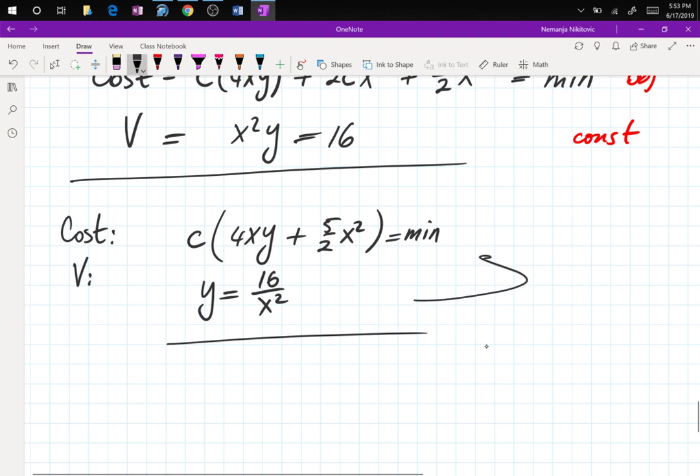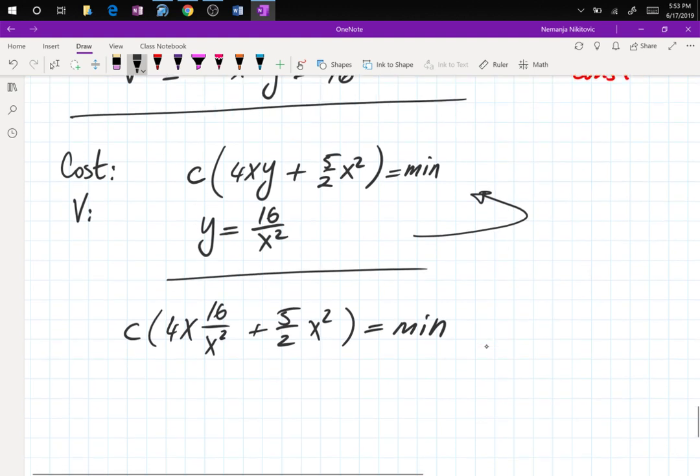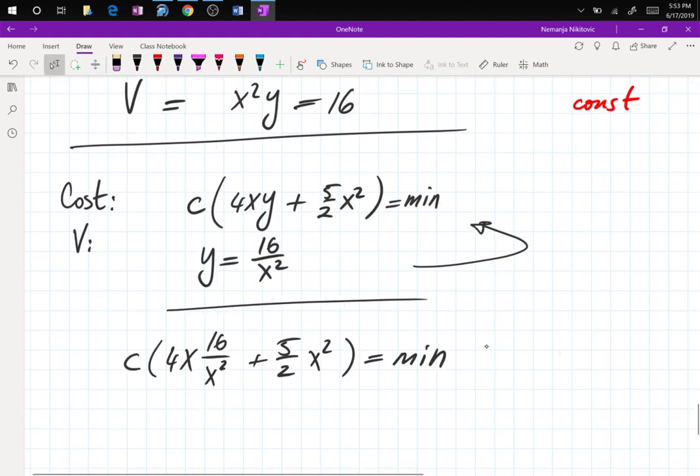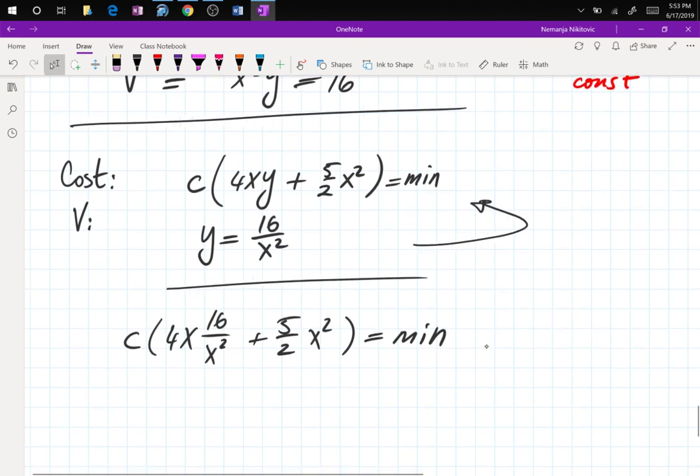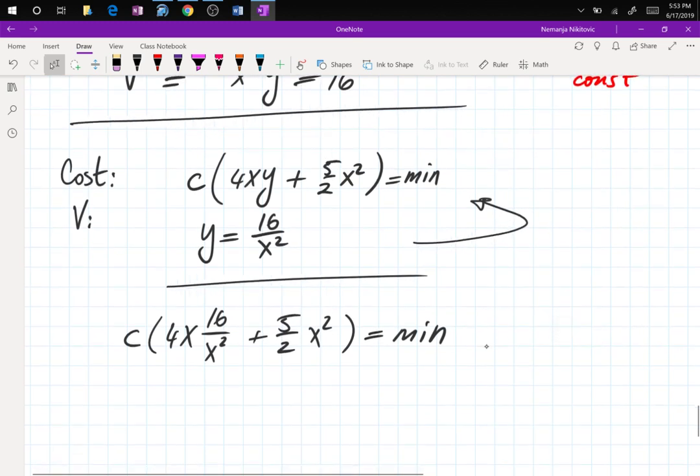All right, so now we plug this in, we get C times 4x times 16 over x squared plus 5/2 x squared. Now we substitute y from the volume equation, which is our constraint. So C times 64 over x plus 5/2 x squared equals the minimum.